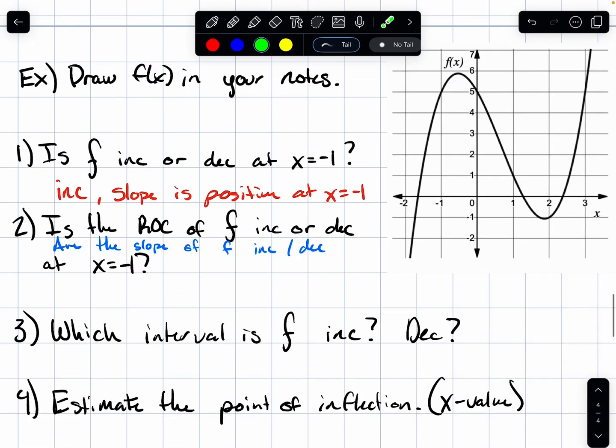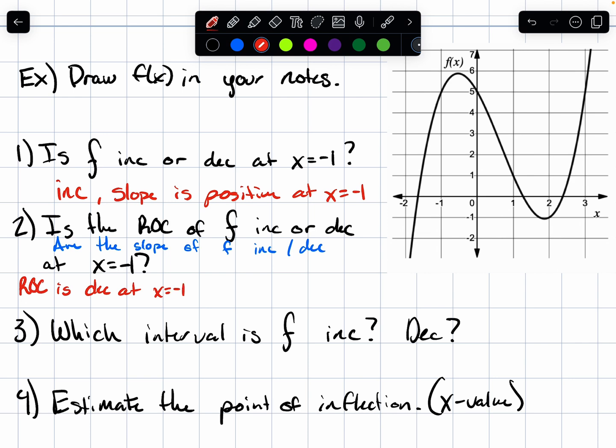So my answer can be as simple as my rate of change is decreasing at x equals -1, excuse me, because f of x is concave down. So what I'm looking at here is this frowny face action here, and that's going to tell me whether my slopes are increasing or decreasing.